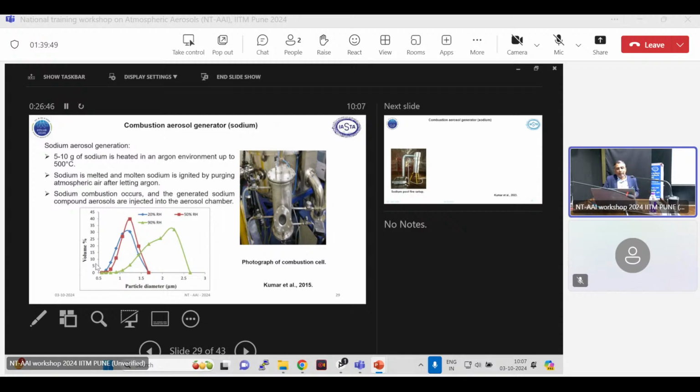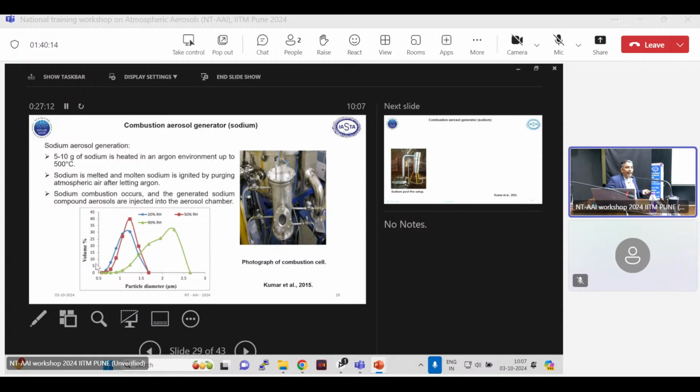Then our other type of reactor is where liquid sodium is used as a coolant. So how to generate that aerosol in a laboratory? We have a combustion chamber. Here we put 5 to 10 gram of solid sodium in an argon environment.